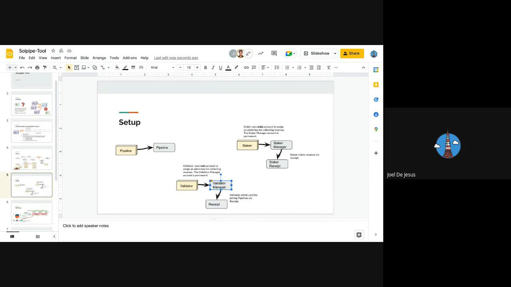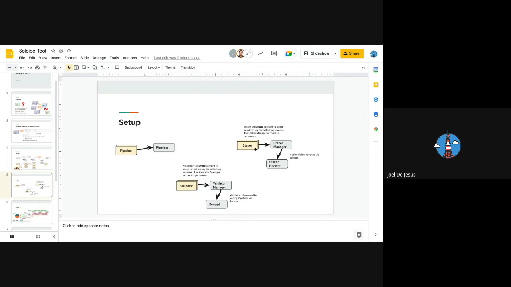The vote key is very sensitive, so we don't want to use that too much. And once we have an admin key that's not as sensitive as the vote key, the validator manager can now pick which pipelines to do business with on chain via the receipt account.